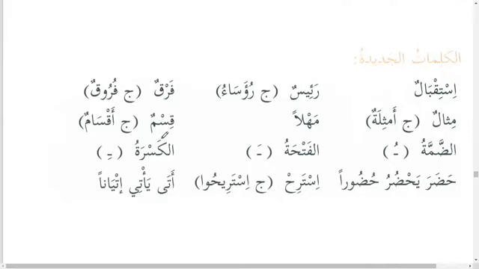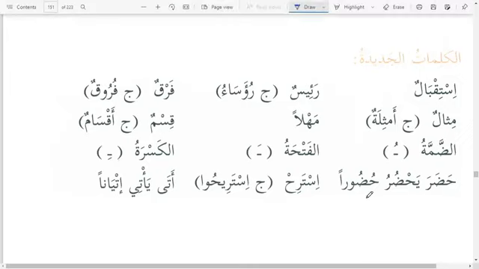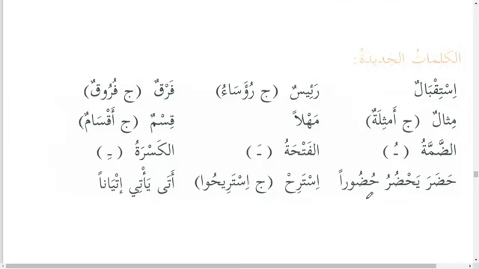Ad-dammatu, wal-fathatu, wal-kasratu. These are basically the vowel signs. Dhamma is like this, fatha is one strike, and kasra is a strike under the letter. And then we have hadara yahduru huduran, to attend.